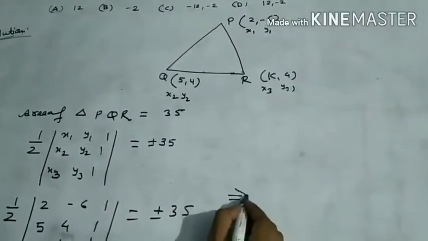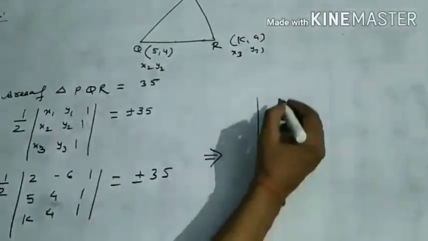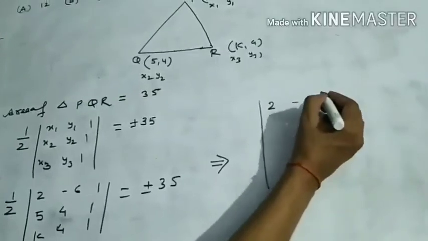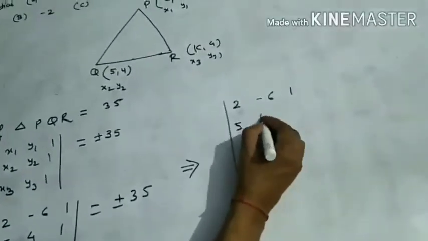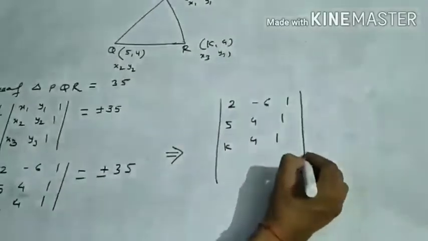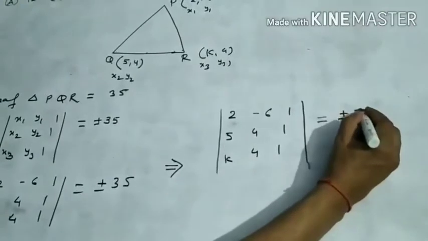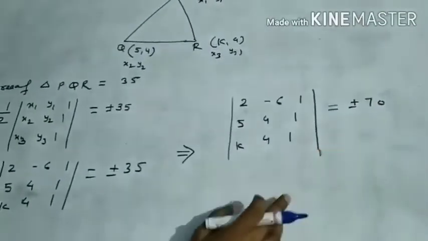This implies that the determinant of 2 -6 1, 5 4 1, k 4 1 is equal to plus or minus 70, that is, 2 multiplied by 35.